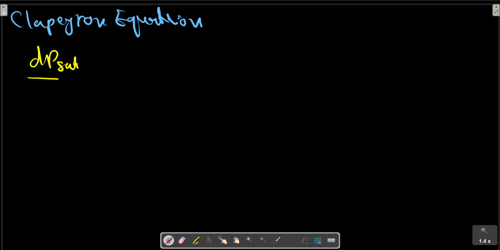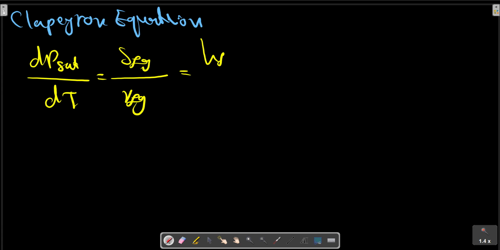So with the Clapeyron equation, dP saturate on dT equals sfg on vfg equals hfg on T vfg.